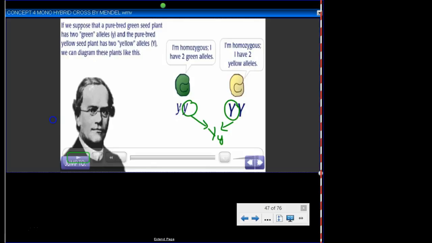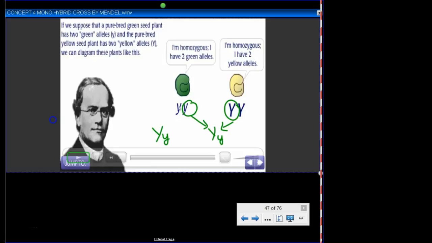Next question. If I take one heterozygous yellow pea and cross it with another heterozygous pea plant, why do I get yellow and green pea plants? Well, it depends which one they pair with. Exactly.